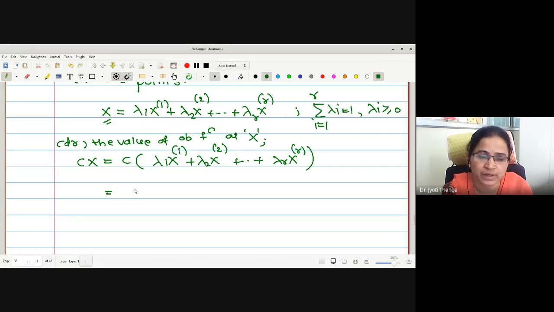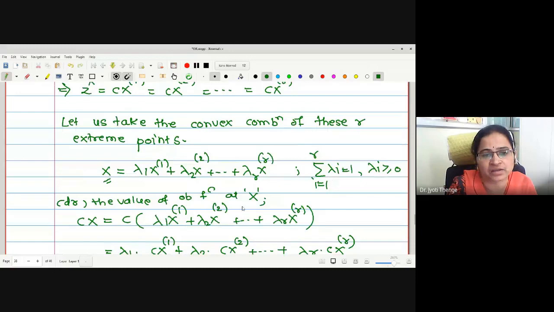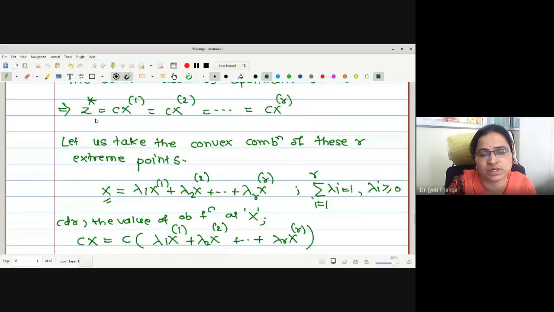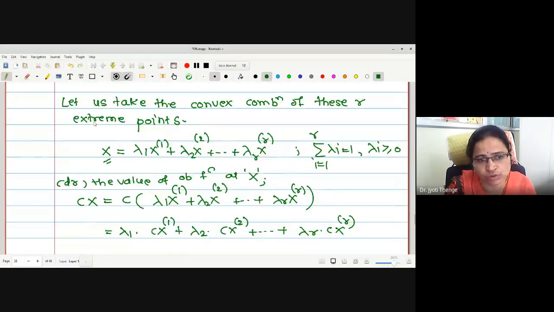Now multiplying by c, taking lambdas out, we get lambda 1 into cx1, lambda 2 into cx2, lambda r into cxr. But at all these r extreme points, the value we have assumed is the same and is equal to z star.